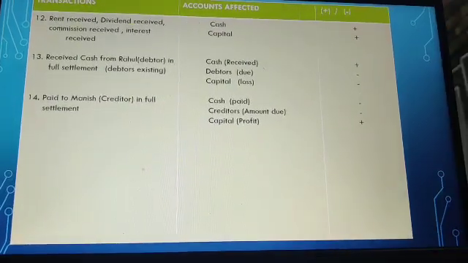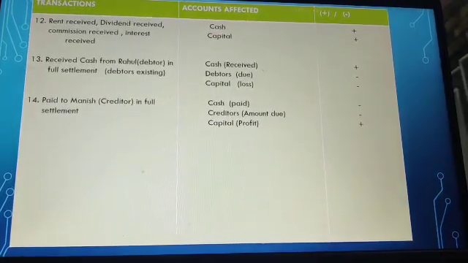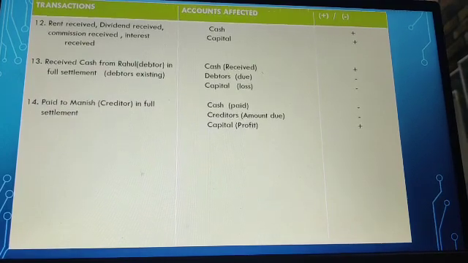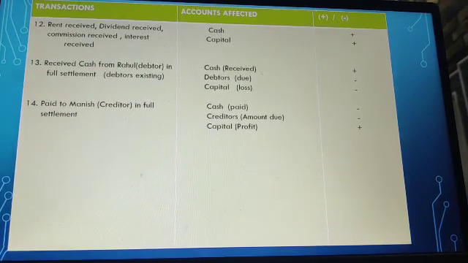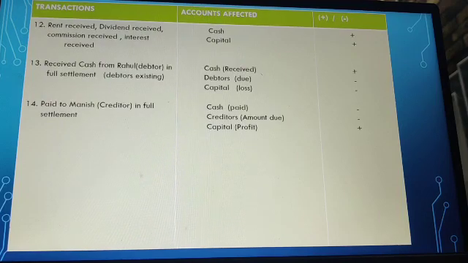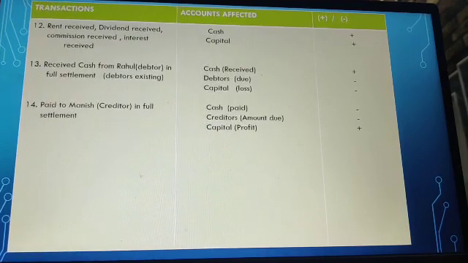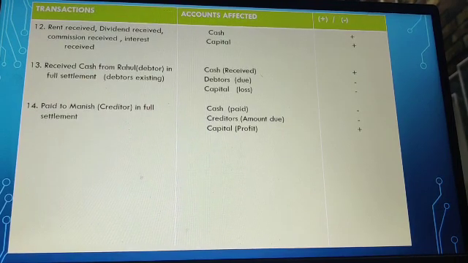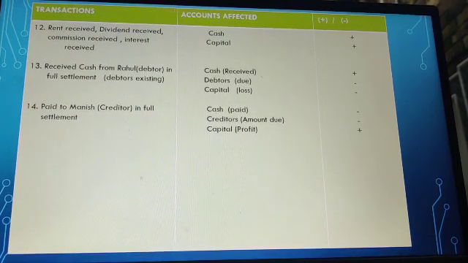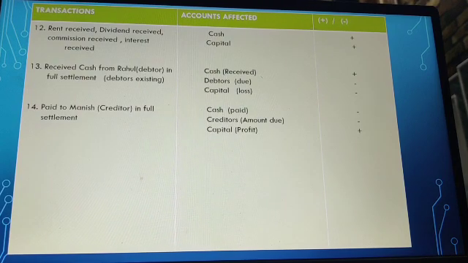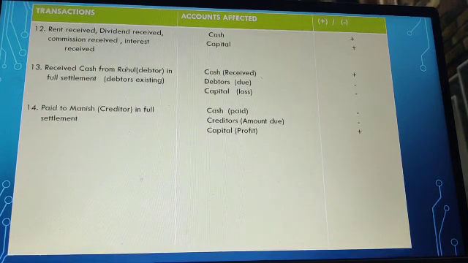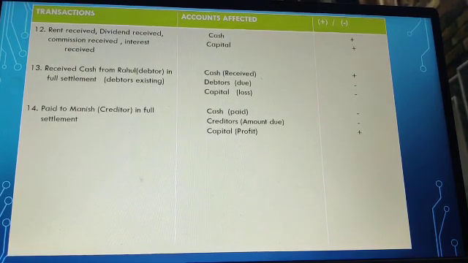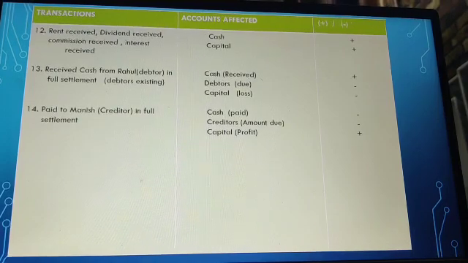Thus, we are going to add the corresponding amounts in our cash as well as capital, because we are receiving it, whatsoever the case may be. However, we are not going to open any separate accounts for that. That is why we are recording it under our capital section.